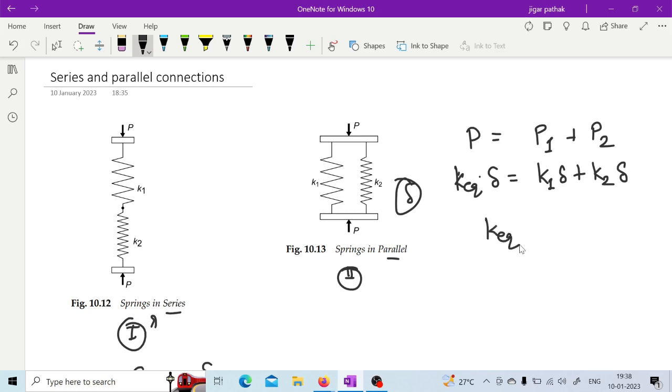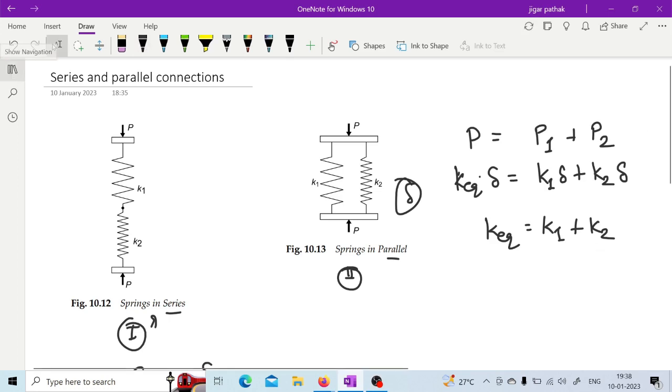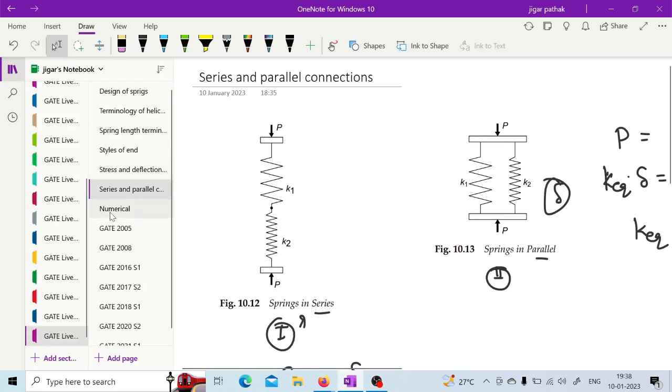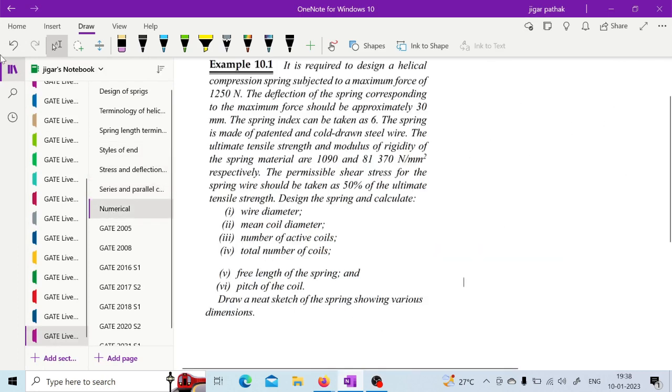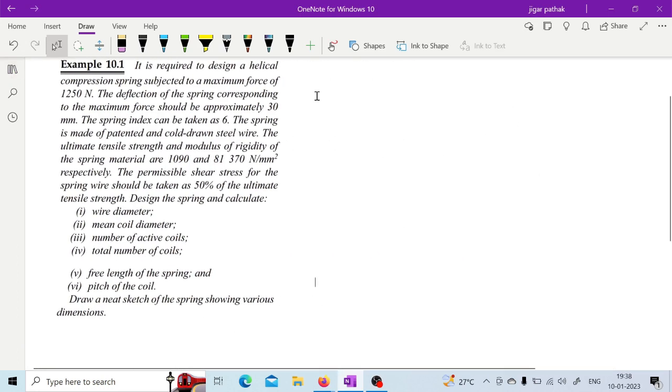So the equivalent spring stiffness can be calculated with this. These are some of the important things you have to keep in mind while designing a spring. Once you have this idea about the spring, you can try and calculate this numerical.